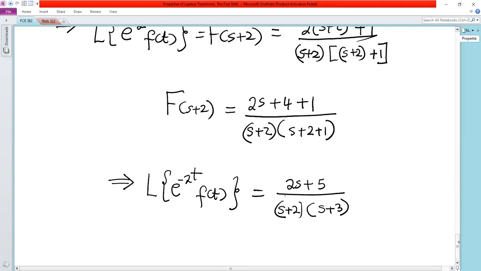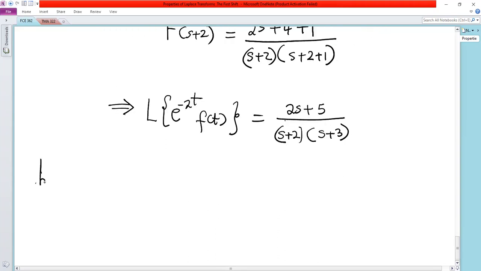And then part B, we have to calculate Laplace transform of e raised power 3t times f of t.